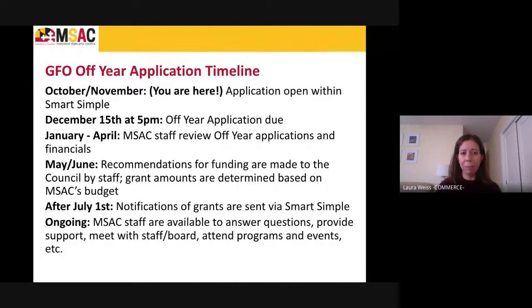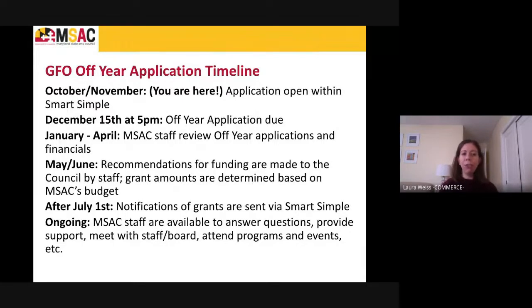on the 15th. From there, throughout the winter and the early part of the spring, that's the time when Emily and myself are going through those off-year applications and all of the financials. We're making notes. If we have any follow-up questions, we're coming to you during that period.